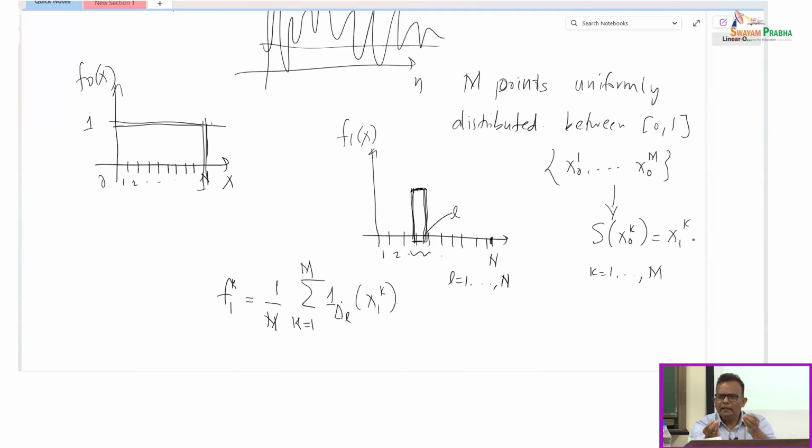Whatever number you get, you associate that number to this F1L. That's the value of the function at the Lth box. And this L will go from 1 to n. So that's how you get a number for each of the n boxes.